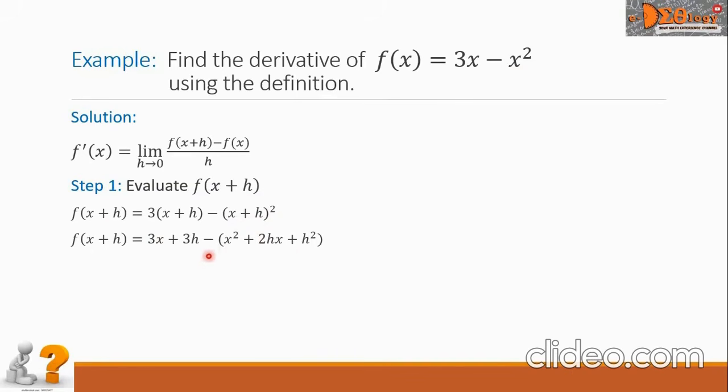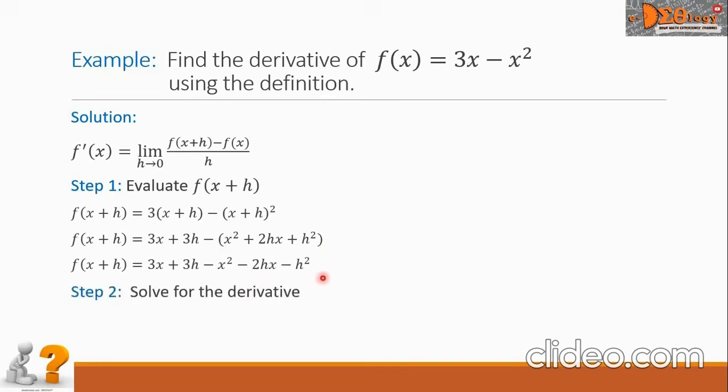Simplifying further by removing the grouping symbol, considering the negative sign, the final answer for step 1 is 3x plus 3h minus x squared minus 2hx minus h squared. And then step 2, solve for the derivative.